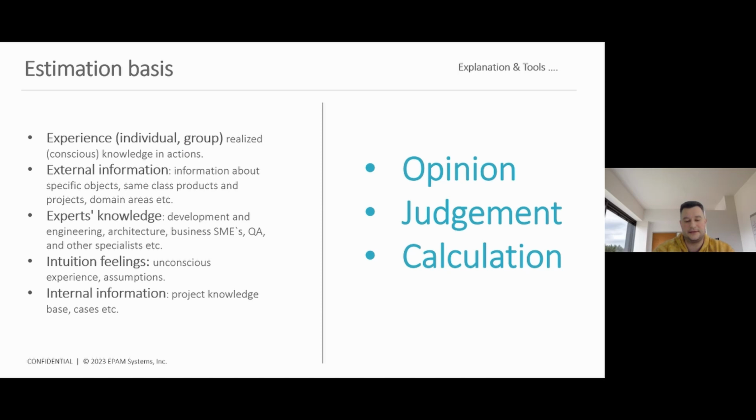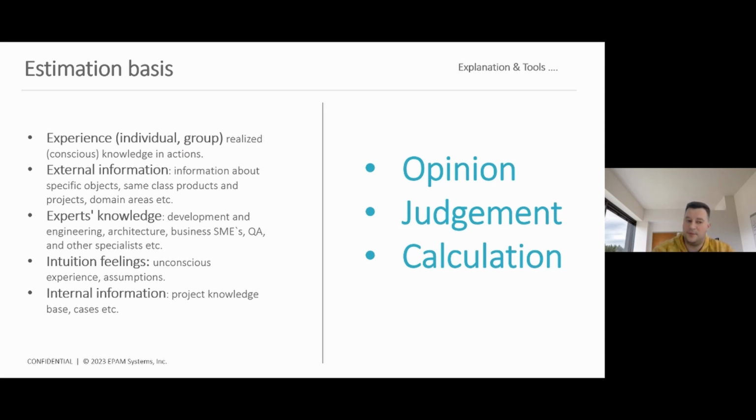And in that case, when we estimate solutions on a general level, WBS structure on a general level, or maybe some concrete things, a part of the WBS for PI planning, etc.